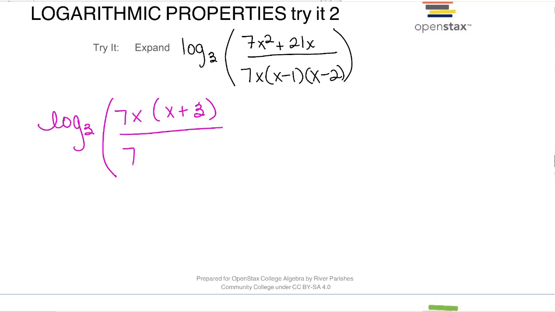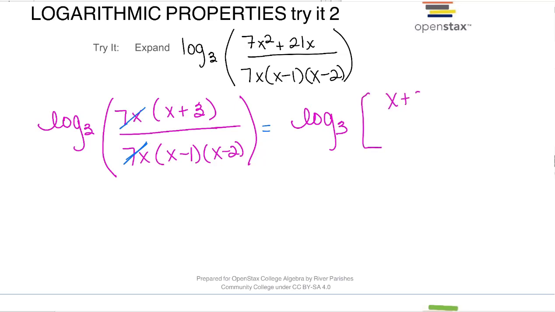And then that's over 7x times x minus 1, x minus 2. And then hopefully you'll see that the 7x's cancel. So that leaves log base 3 of x plus 3 over x minus 1, x minus 2.